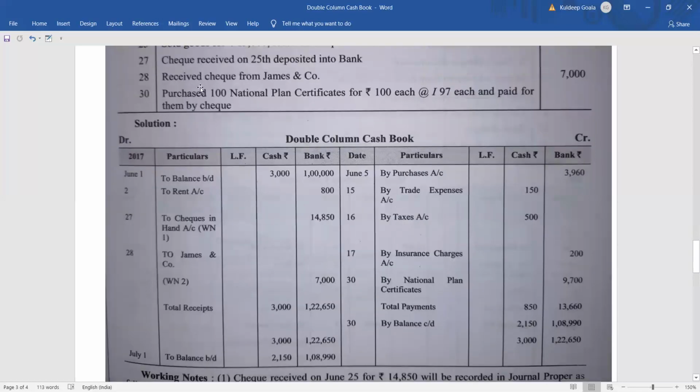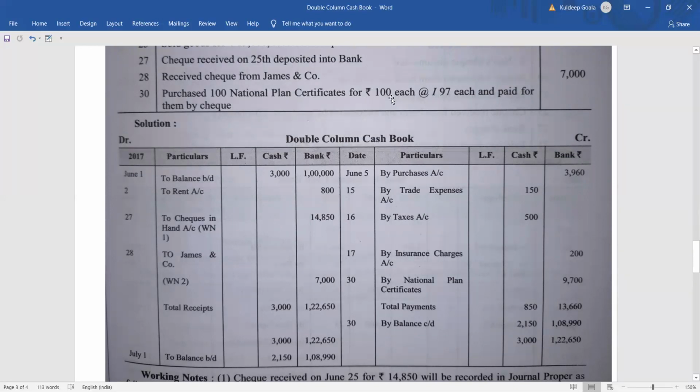Now moving on to the next one: purchased 100 national plan certificates for rupees 100 each. What has happened? There has been a purchase of 100 national plan certificates. So it's like an investment opportunity. The investment has been done in national plan certificates, how many certificates? 100.